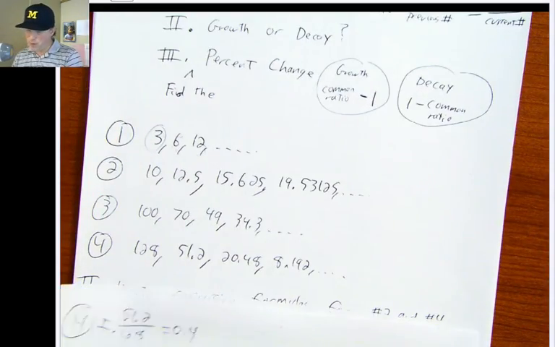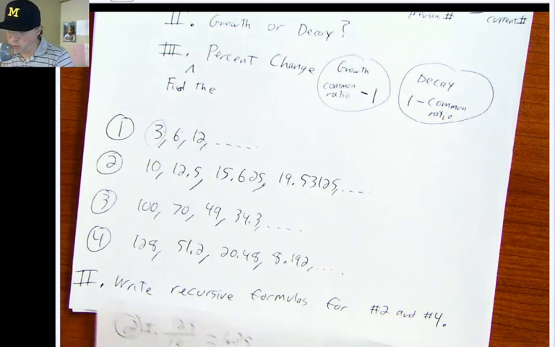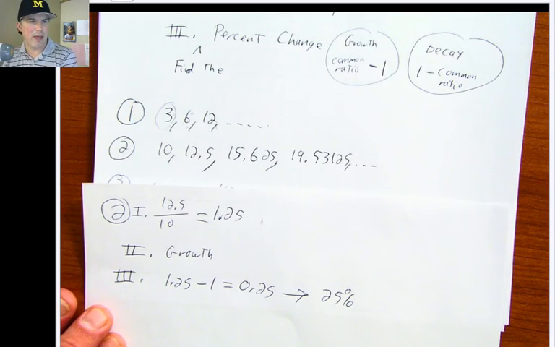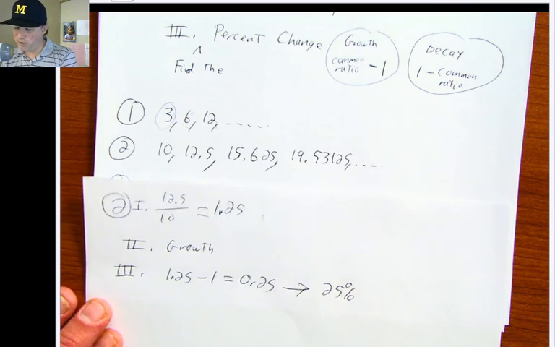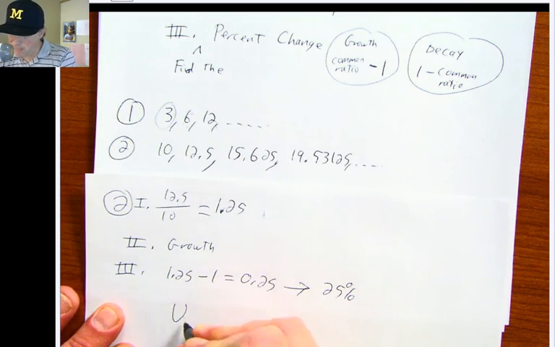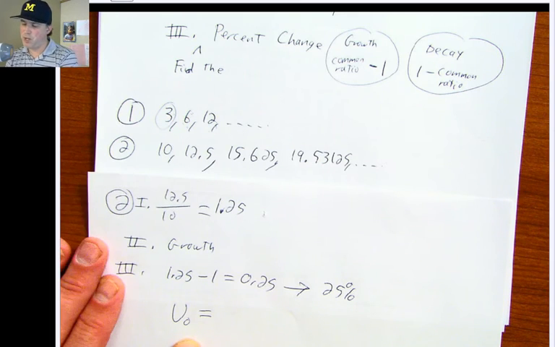The next thing that they're asking us to do is write a recursive formula for number 2 and 4. So if I brought out number 2, it looked like this with that common ratio of 1.25 and a first number of 10. For a reason I will explain at a future date, you're going to want to start all these problems with U0.